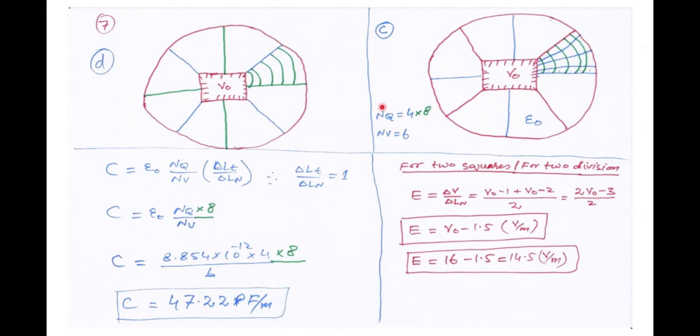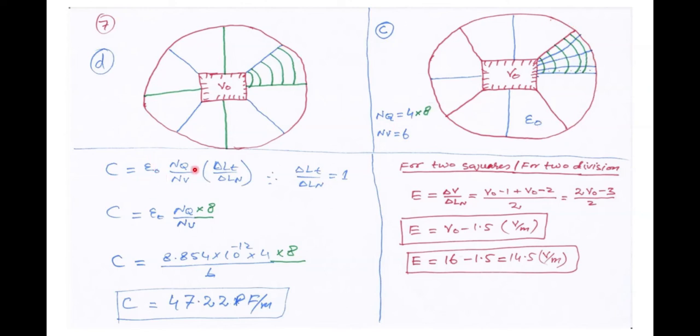Now we can use the foregoing formula to measure the capacitance between the inner conducting boundary and the outer boundary of a coaxial cable. The inner conducting boundary is in a square form and the outer conducting boundary is in cylindrical form.